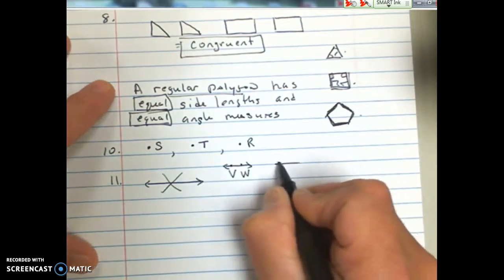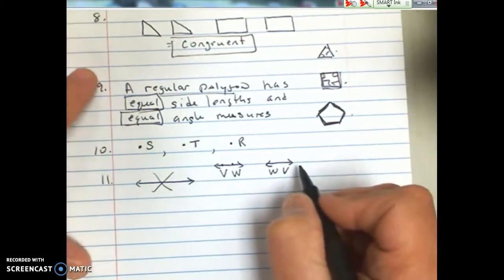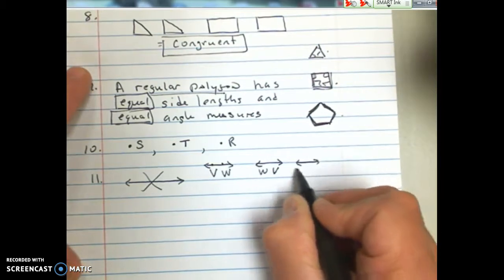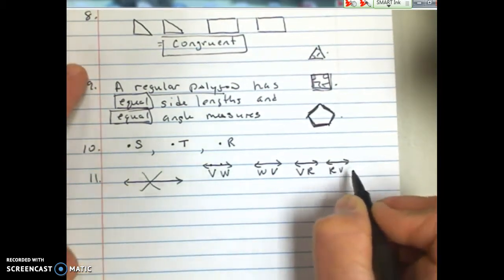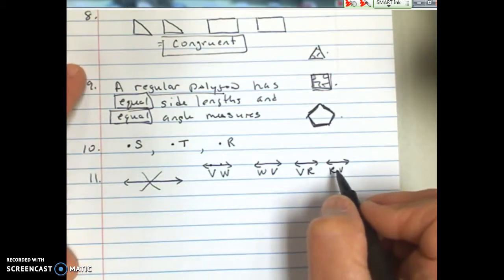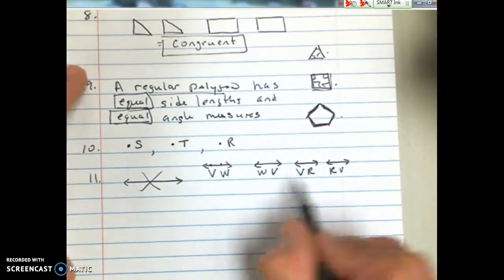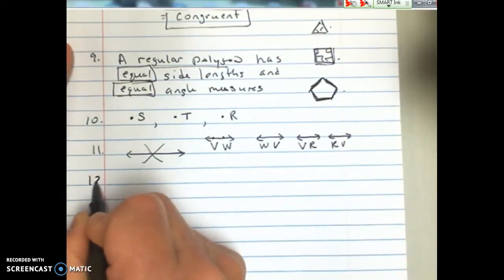We could say line WV, it'd be the same thing. We could say line VR. We could say line RV. Those would also all be correct. It has to be horizontal. So if you have one that goes to VP, that would not be correct because it's not horizontal. So one of these has to be one of your choices.